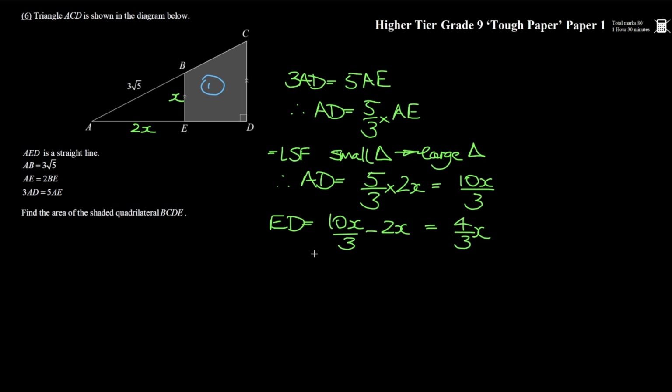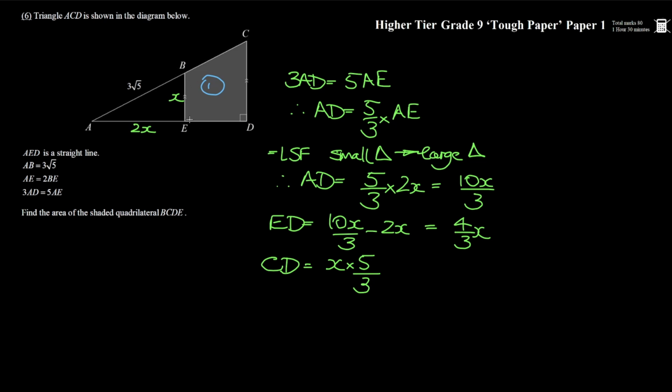And because of the length scale factor relating this length, which is the short distance of the smaller triangle, we can relate that to CD by simply multiplying it by 5 over 3. So I can say that CD is equal to x multiplied by 5 over 3.